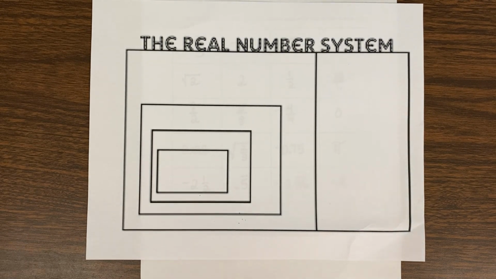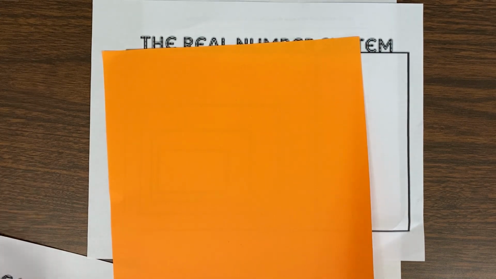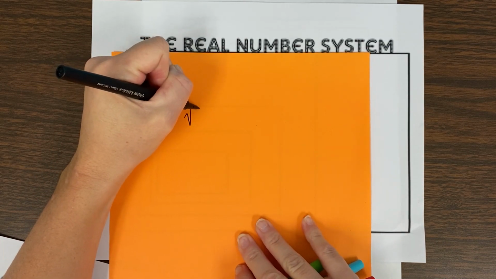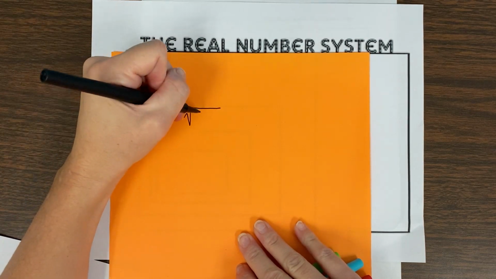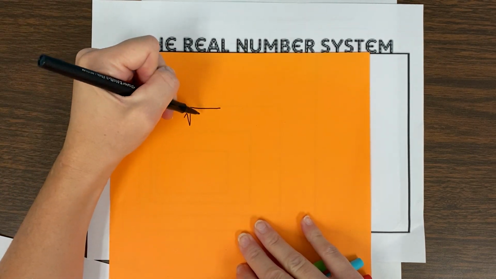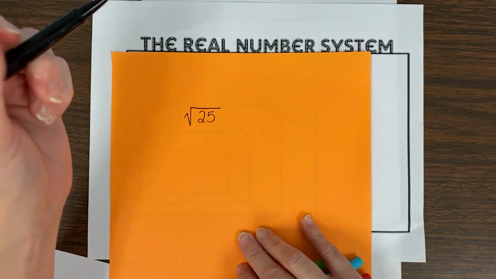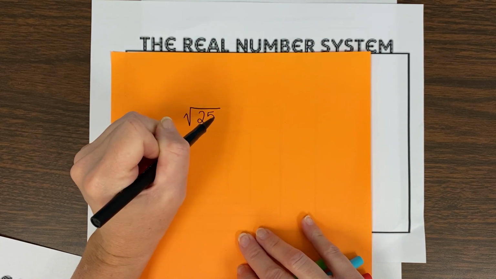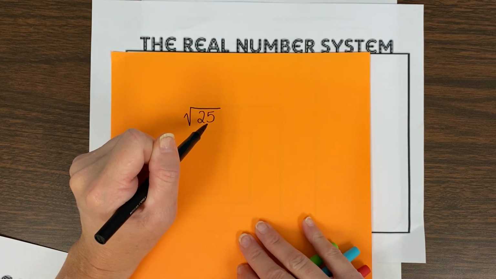Okay. So before we get going on this, I did want to just quickly talk about, and we will do lots more on this very soon, just what a square root is, because I don't really want to start placing square roots in the graphic organizer if you have not seen one or understand what it is. So when you take the square root of a number, for instance, the square root of 25, what you are looking for is what number times itself, or what number squared, if you've heard that, equals this number under here.